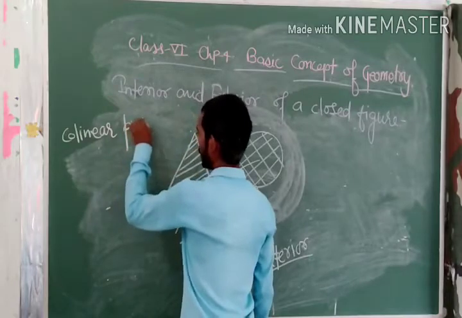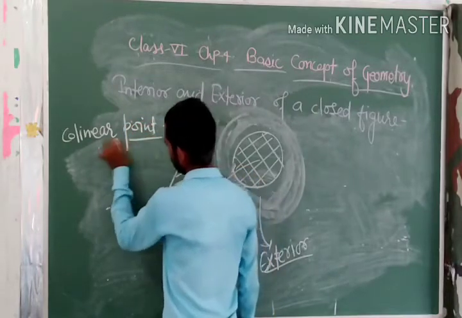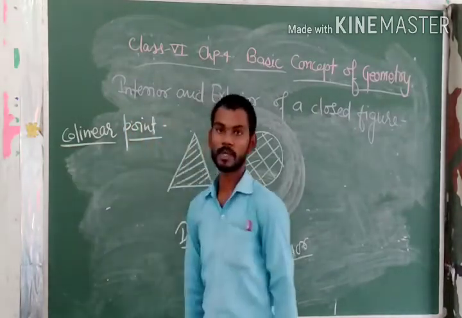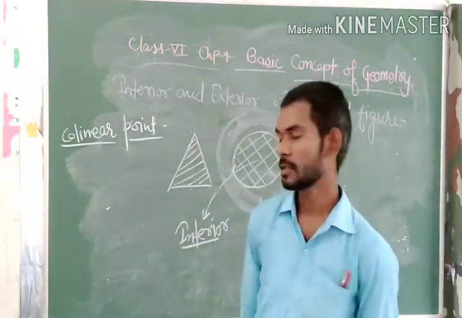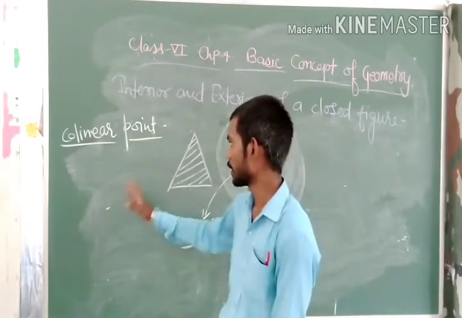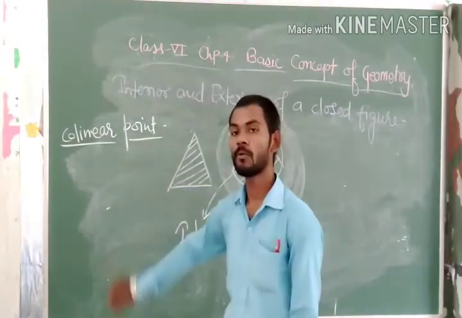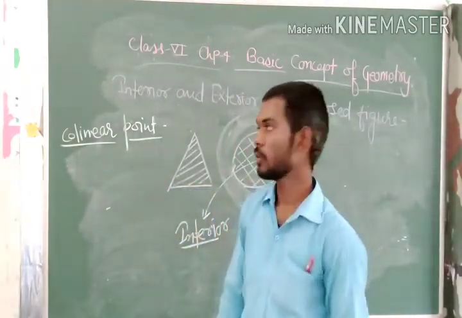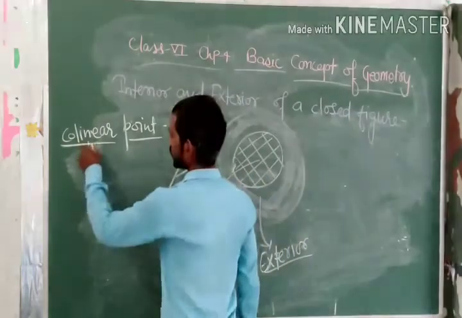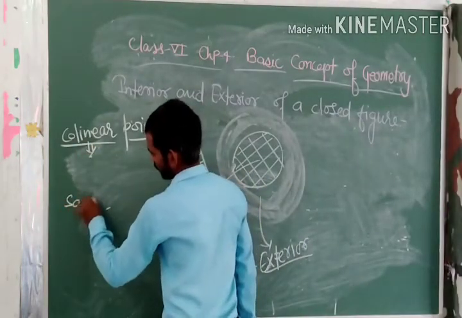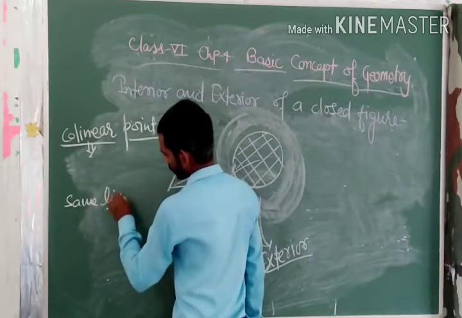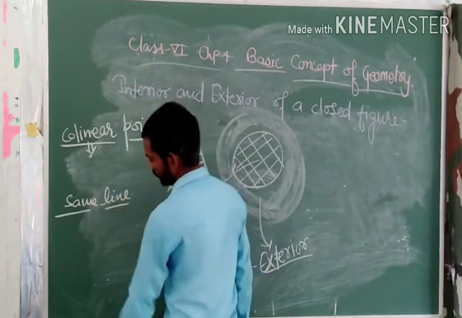Collinear points. This topic is related to the properties of lines. So I will explain here: what do you mean by collinear points? The word collinear means same line. Collinear means same line.